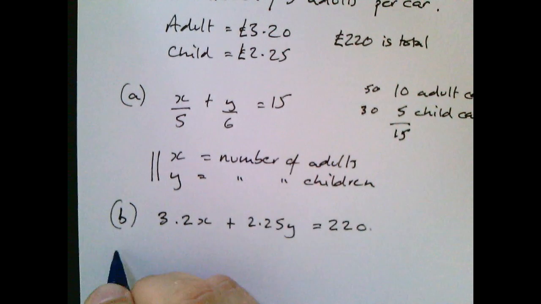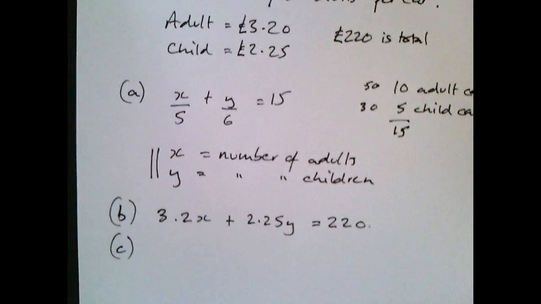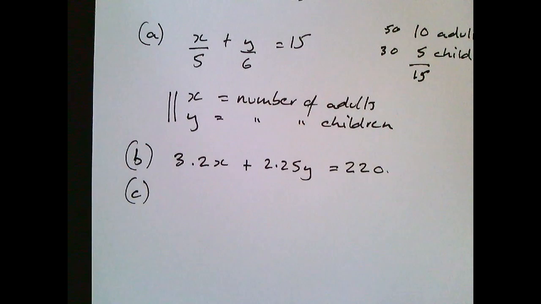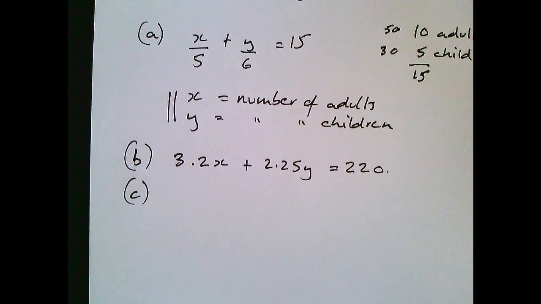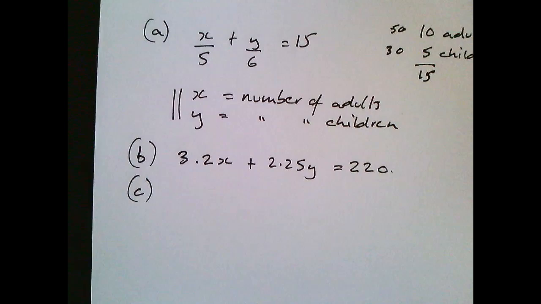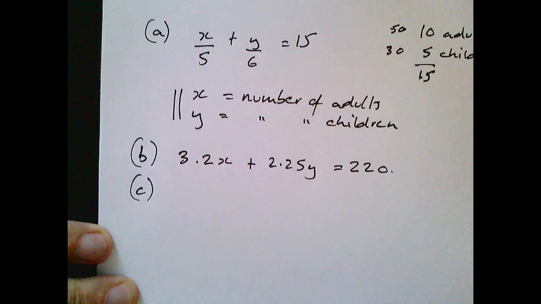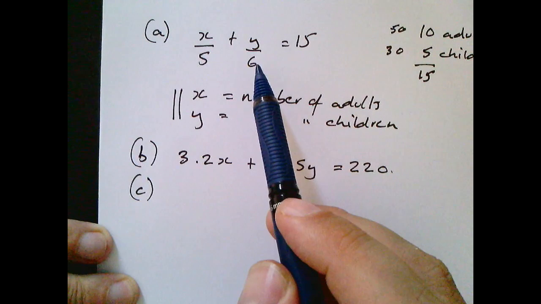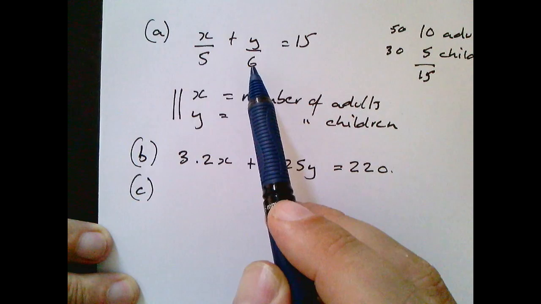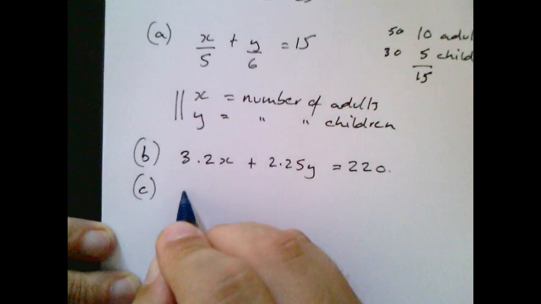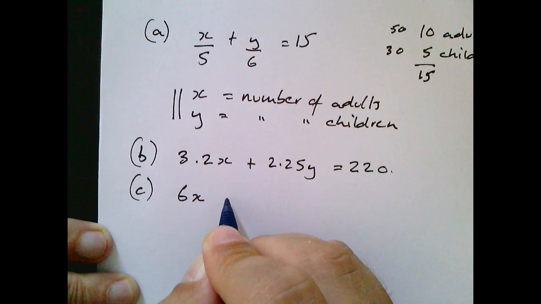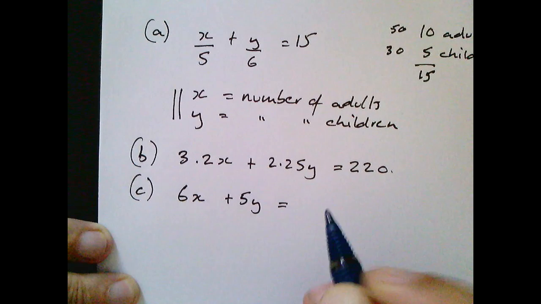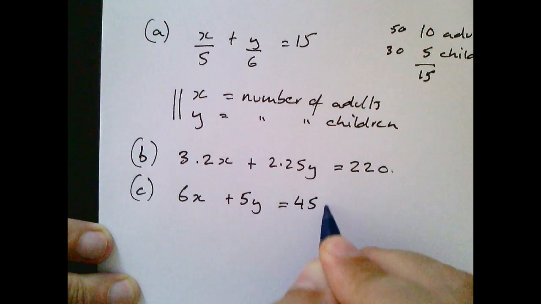Part C is 2 parts. Solve the equation and find out how many people are on the coach and how much less the ride would have cost if only the children had gone. Selfish adults. Right. So we've got 2 simultaneous equations. I'm going to rewrite this. I'm going to get rid of the fractions by multiplying by 30, which gives 6x plus 5y is 30 times 15, which is 450.